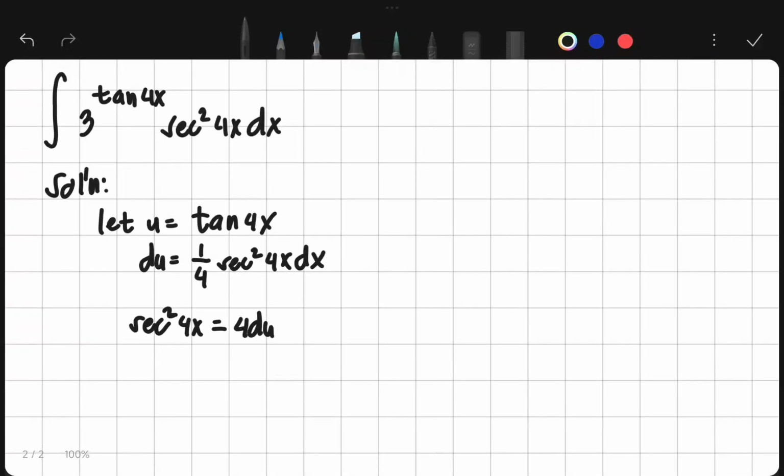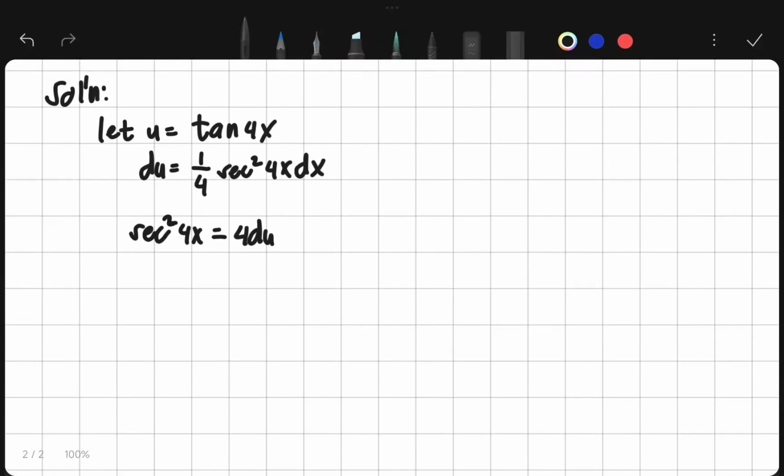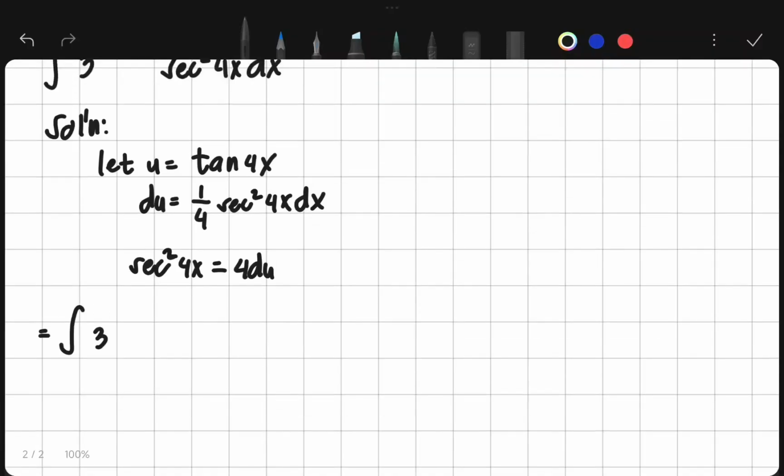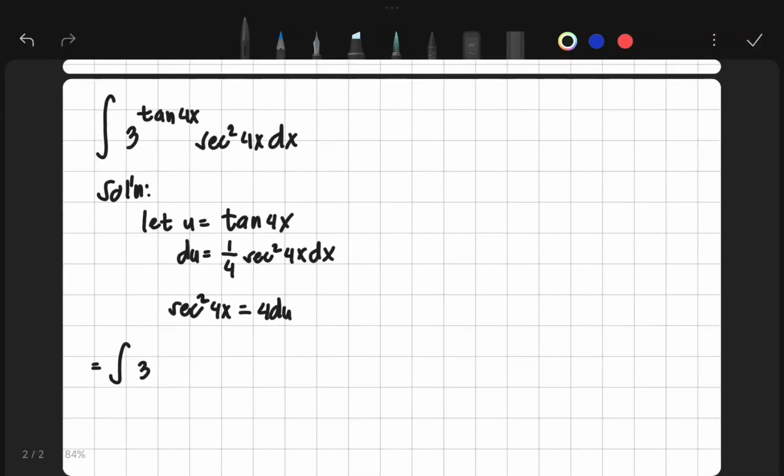Okay, so after that we need to write this in terms of u. So this will become the integral of 3 raised to tan 4x, that is equal to u, times secant squared 4x dx. I forgot the dx, there should be dx here.